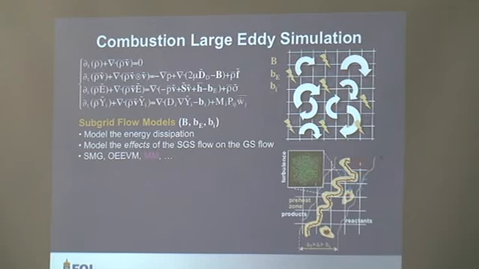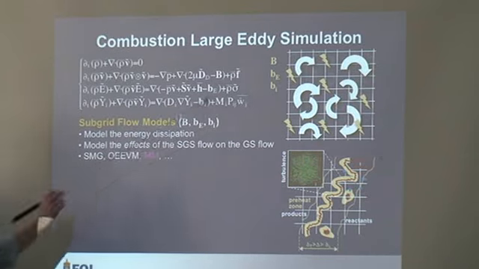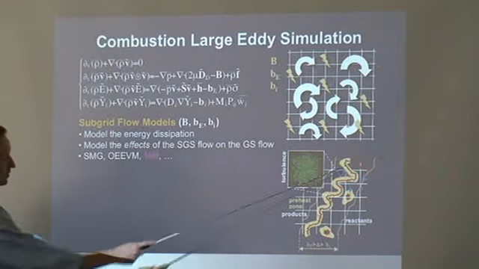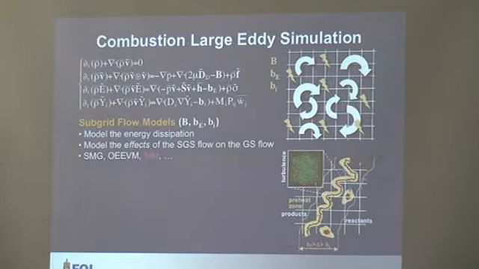But when it comes to combustion, the situation is quite different. Now you have additional equations, one for each of the species with reaction rates, and that's where the chemistry comes in. And you have a flame situated on the grid, which is typically pretty thin, highly wrinkled, and it cannot be resolved on an LES grid.